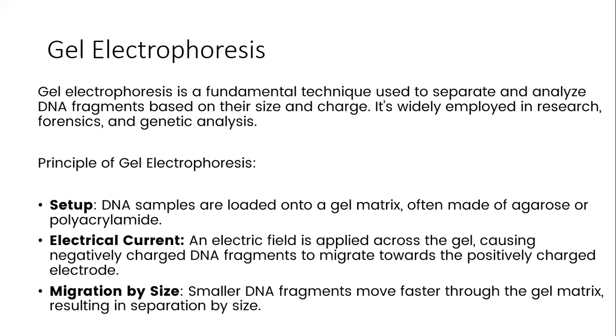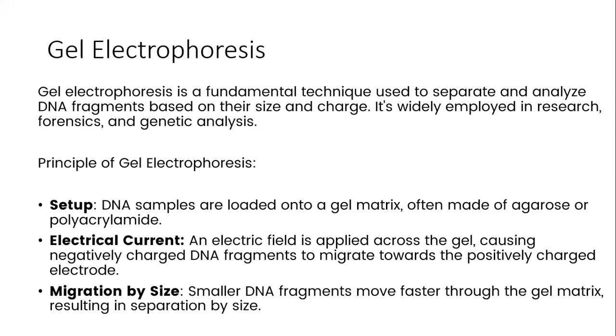So you run an electric field across the gel, and that causes the negatively charged DNA fragments to migrate towards the positive charge. Because of the phosphate that is found in our DNA, it does have a charge.